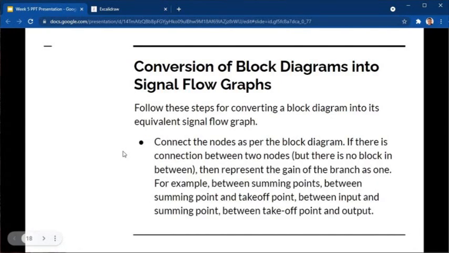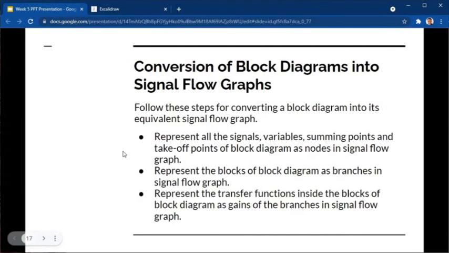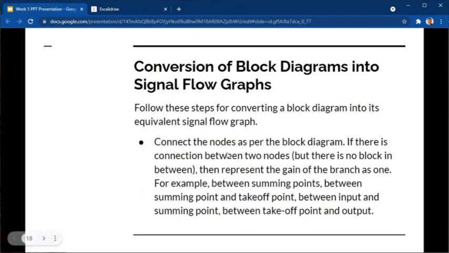We have two more steps, I guess. So these are three. Connect the nodes as per the block diagram. If there is a connection between two nodes, but there is no block between them, then represent the gain of the branch as 1. For example, between summing points, between summing point and takeoff point, between input and summing point, between takeoff point and output, and so on and so forth.